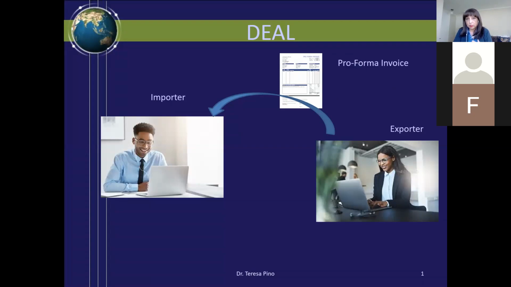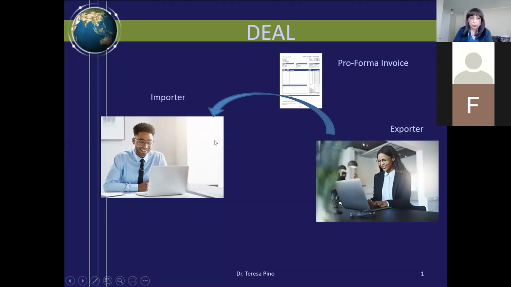This document is very important, whether it goes on paper physically to the importer, or it goes online. This document carries all the information of the deal, all the conditions. If it's not there, the bank does not recognize it.